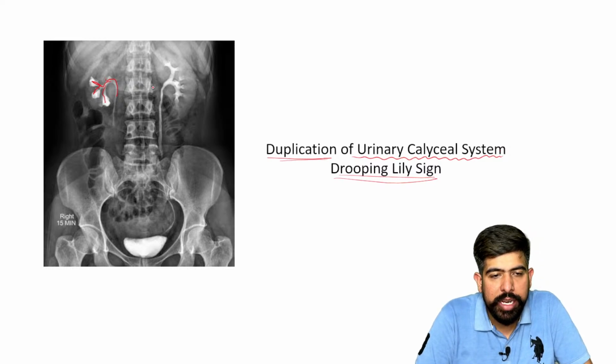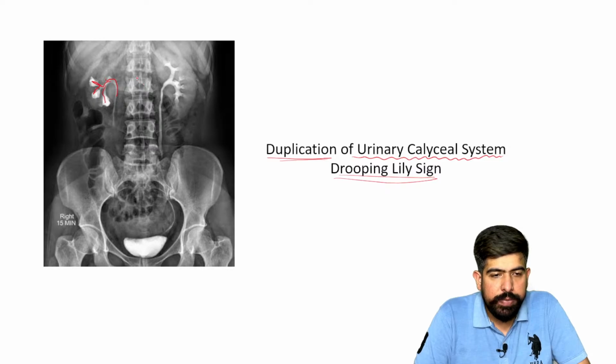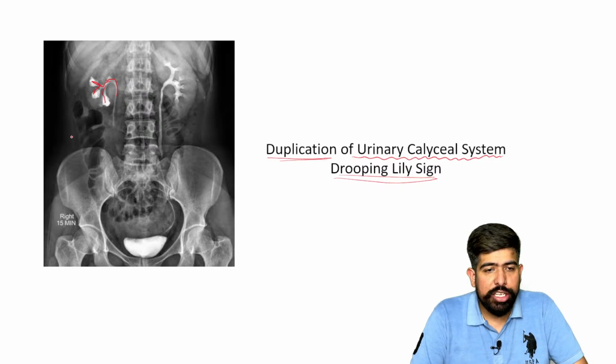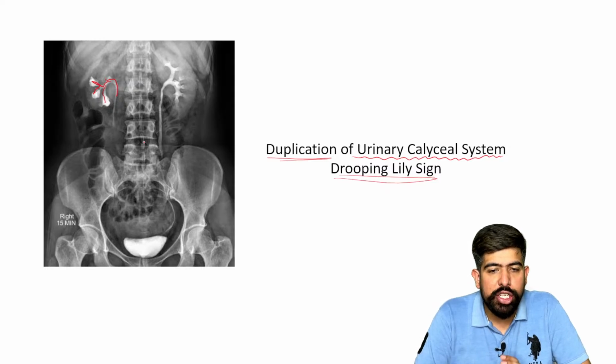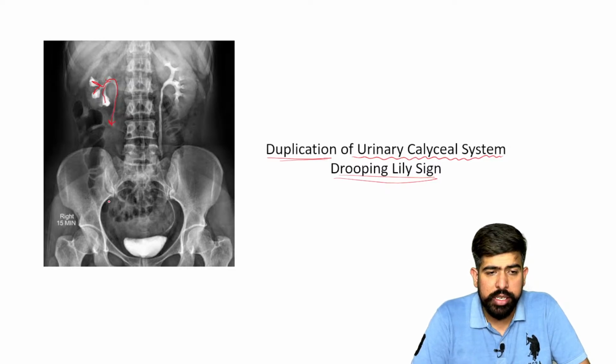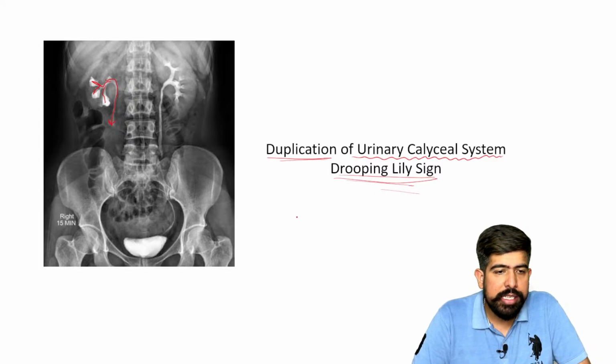So you can compare the right and the left side. On the right side you can see there is the duplication, right? There is a duplication of the urinary calyceal system, and this is particularly known as the drooping lily sign.